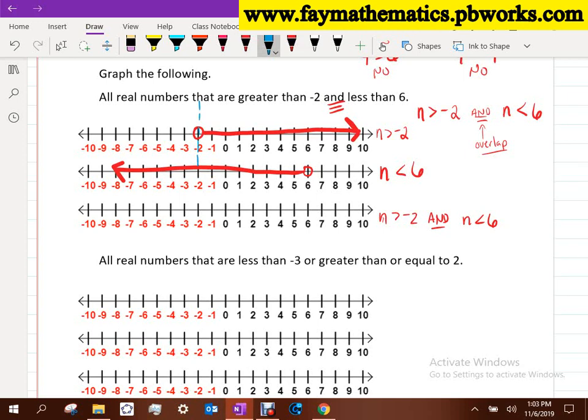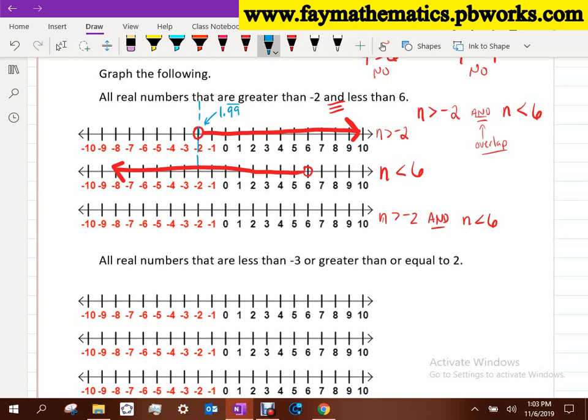Now think about this. When I have an open dot right here at -2, it really means the first number I include in this list is 1.99 repeating forever. Does that make sense? -2 really isn't in there. So do both those graphs have -2 in them?